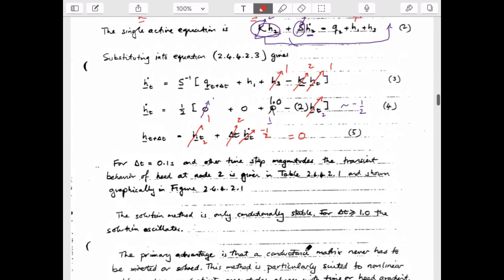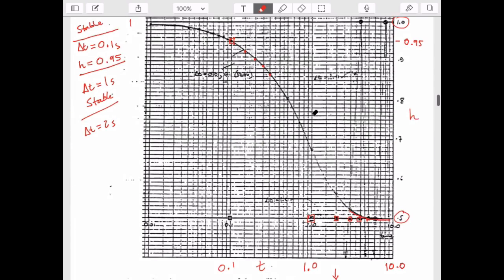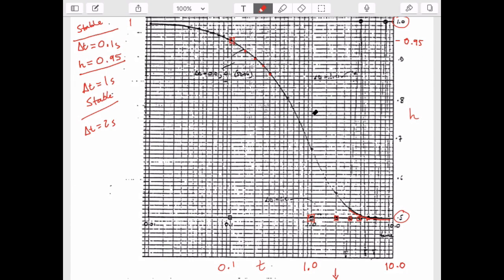If we calculate it at the next time step, well, I won't bore you with the calculations. What you'll find is that it'll jump up to here. So it jumps up to plus 1. The next one, it goes down to 0. It jumps up to plus 1, goes down to 0, and it oscillates.